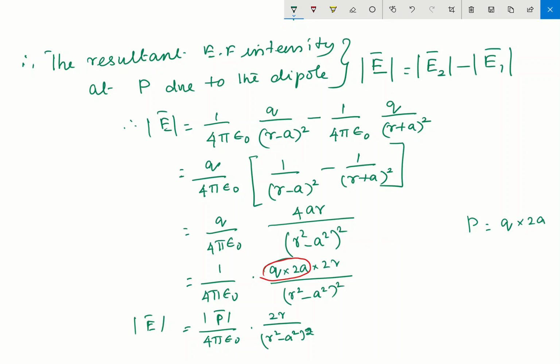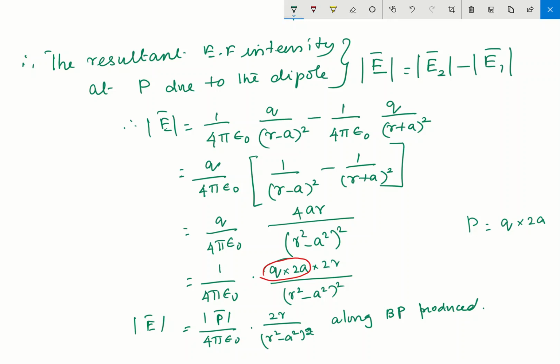In which direction will the electric field be? The net electric field will be in the direction of E2. What is E2? E2 will be along BP produced.